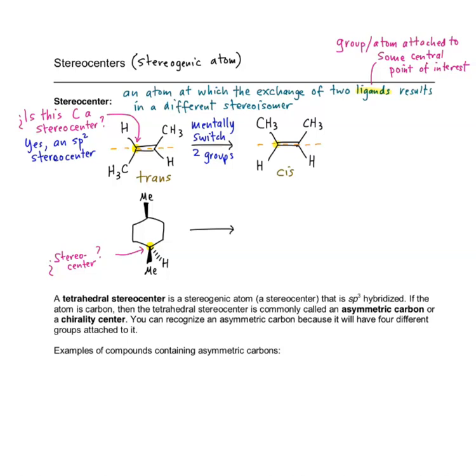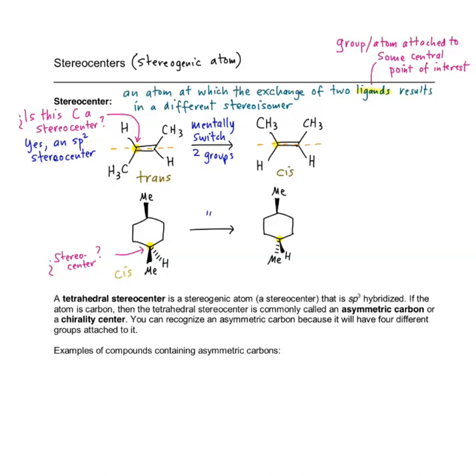So we'll do the same thing we did up above, which is to mentally exchange 2 of the groups. So we'll switch the position of the methyl group and the hydrogen. So now the methyl group will go back and the hydrogen will come forward. Okay, so have we generated a new or a different stereoisomer? Well, if we look at the starting structure, the first structure, the methyl groups are on the same side of the ring.